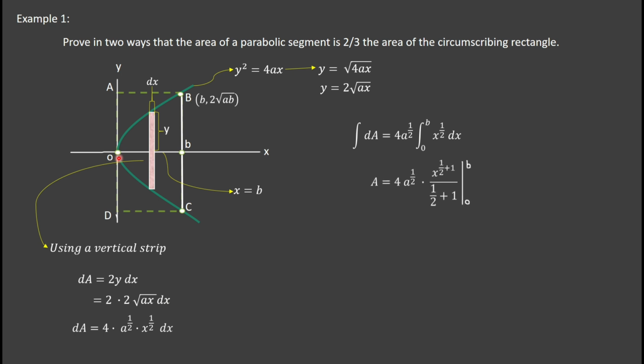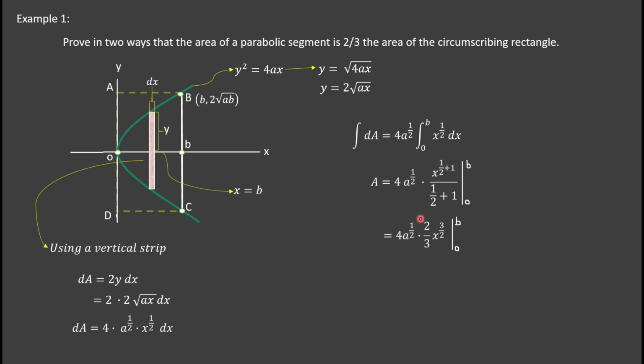Next, integrate this: 4a to the power 1/2 times x to the power (1/2 + 1) over (1/2 + 1), from 0 to b. By the way, to integrate this, we use the simple power formula of integration. Then substitute the limits.